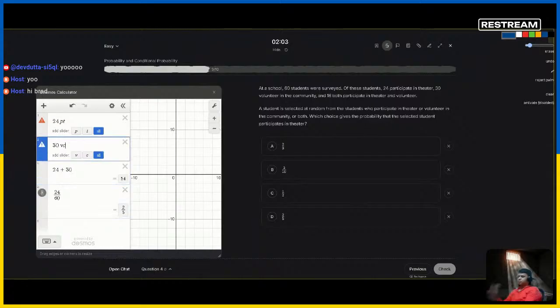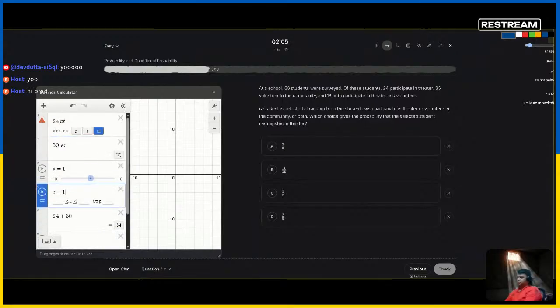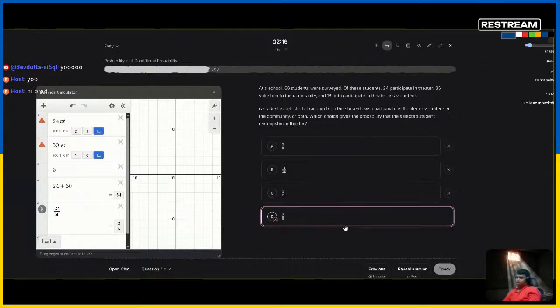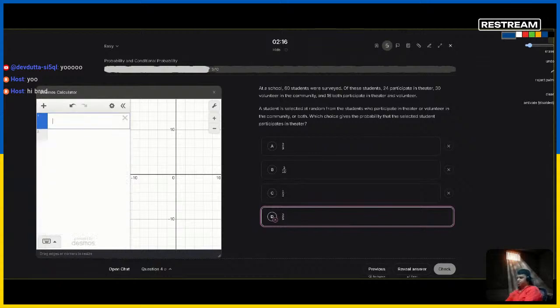Okay, so 30 plus 18 is 48, but it will give us a less number. Let's check. Okay, so 24 plus 30 gives us this number. Wait, what? No, no. Okay, you know what? Let's not do that.